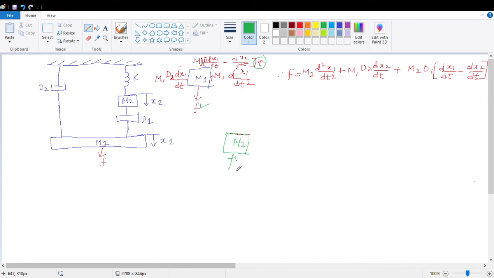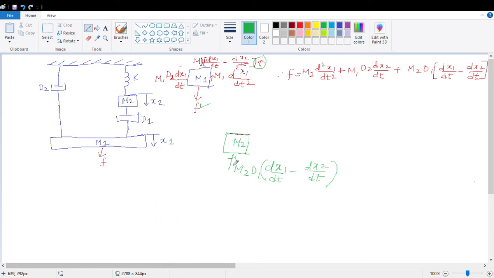So it is D1 (dx1/dt minus dx2/dt). This is the restraining force acting on M2, and it will be opposed by other forces. As there is no direct force applied on this mass, the pulling of this force produces some restraining force on M2.